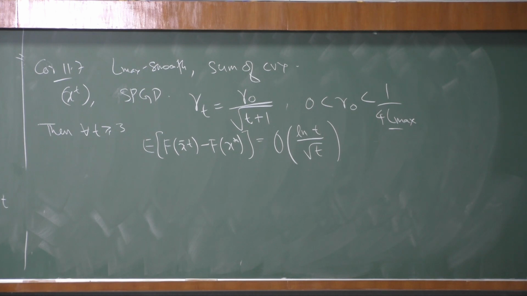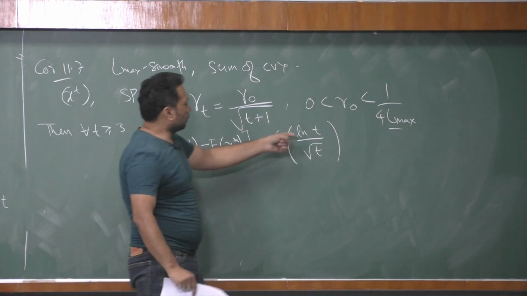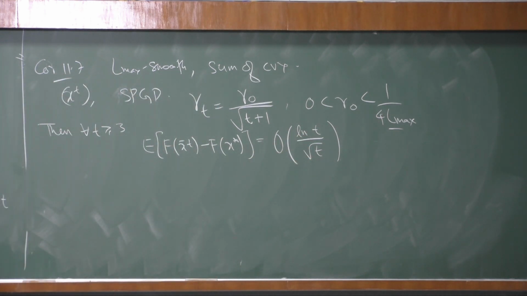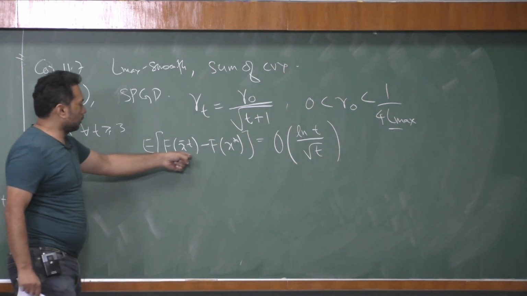Will log t by square root of t decrease as t goes to infinity? Log t is one of the slowest increasing functions. Compared to square root of t, log t grows very slowly. So square root of t will certainly dominate, and overall it will go to 0. So this is a good case where we guarantee that the error is going to 0.